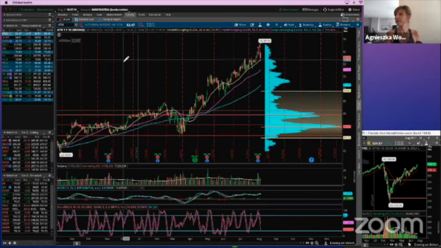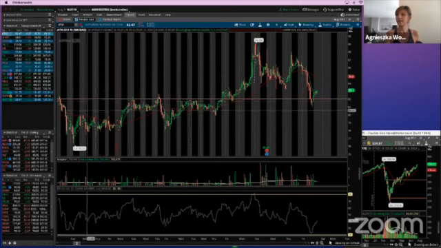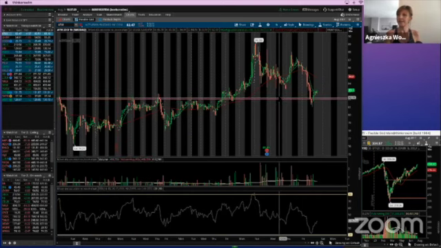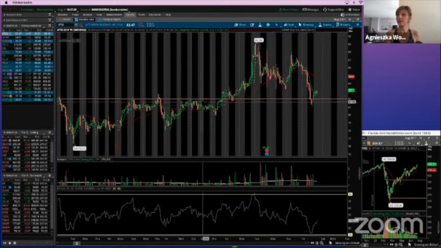So if I do it here, you see this level is pretty accurate. You can always adjust it. You say, okay, actually I see here that maybe the support level should be slightly lower. So you can always fine tune those levels.